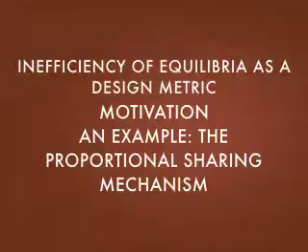17.3.2, an example, the proportional sharing mechanism. We now informally describe one example of how the inefficiency of equilibria can serve as a design metric. Chapter 21 discusses the following result in greater detail, and section 17.4 discusses additional examples.